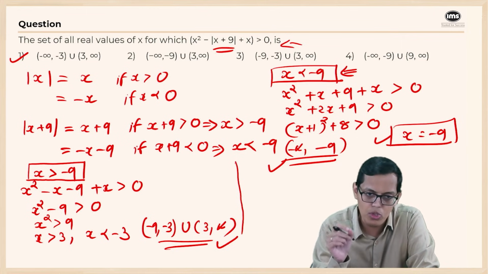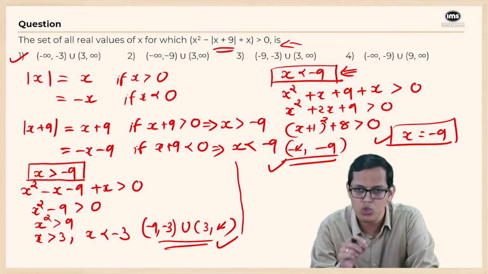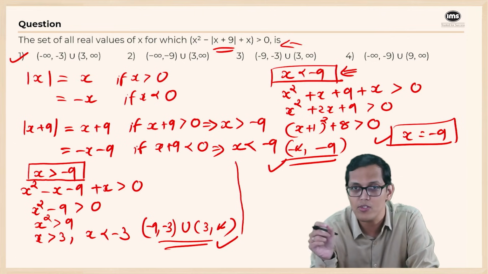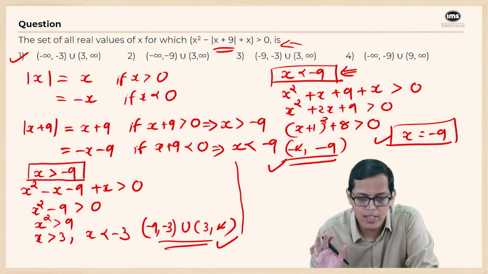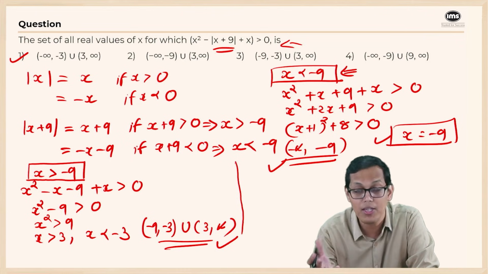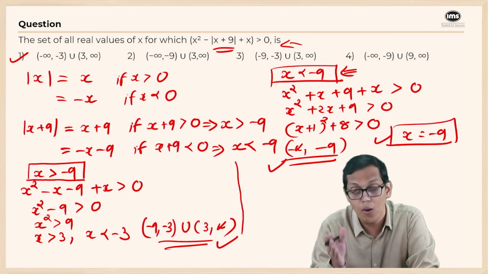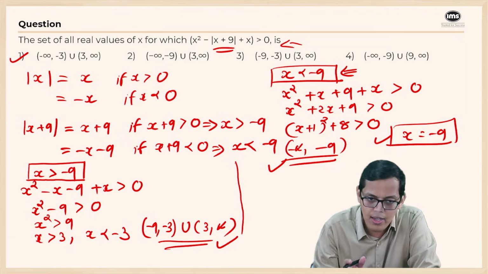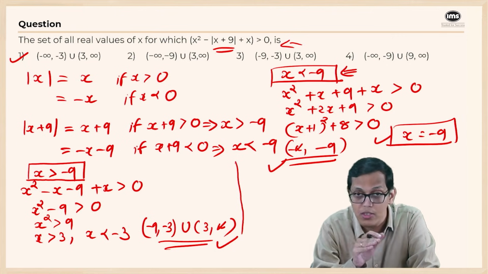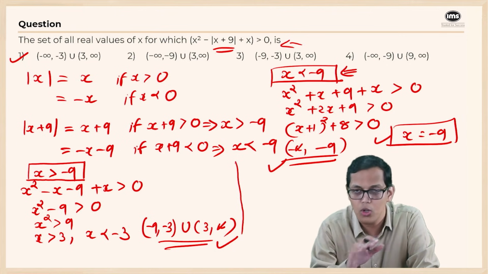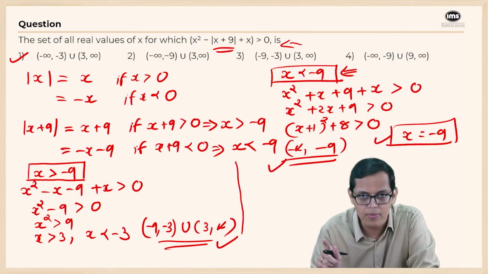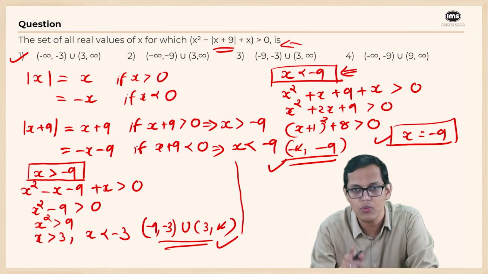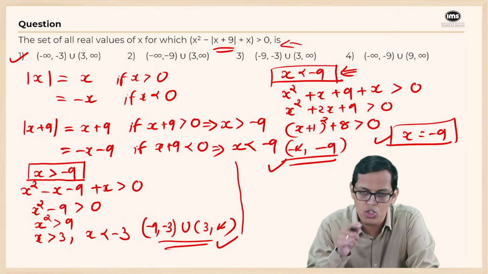If you just put -9 in the actual equation to check whether it should be part of the answer or not, that -9 survives successfully. That means we don't know the answer, but the answer has to have a -9 in it, something that options 2, 3 and 4 are not allowing. This was a shortcut that would be very useful in actual CAT, even if you know how to solve this entire question like this. So that's a shortcut, everybody.